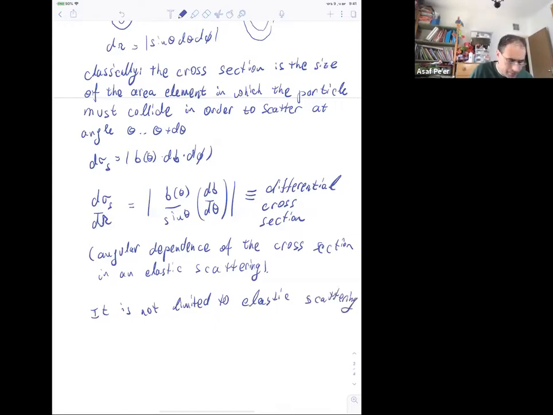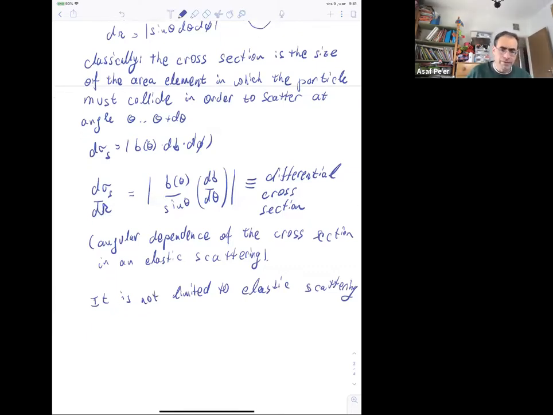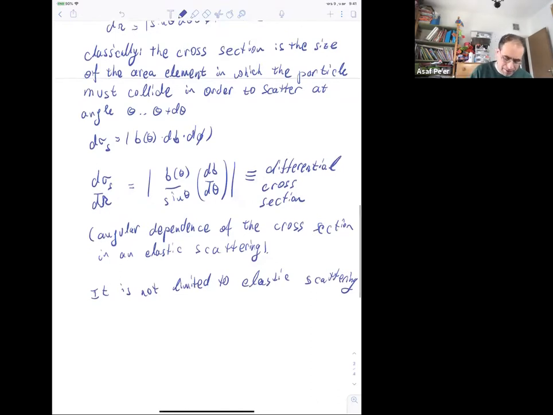If we look at the creation of a Z boson via inelastic scattering, for example, proton plus proton collide and produce a Z plus something else, X.